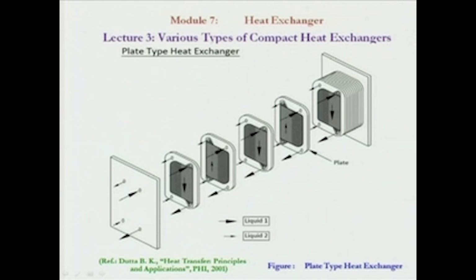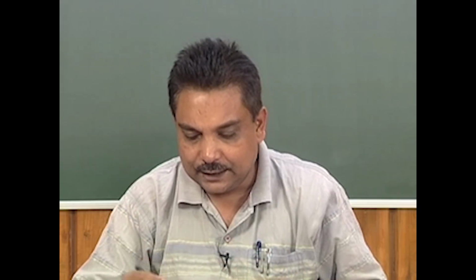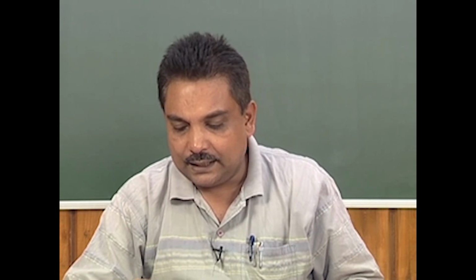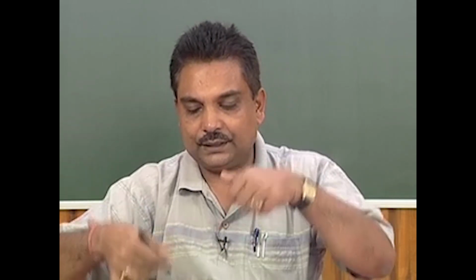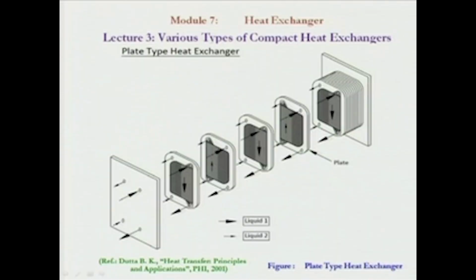So it is exchanging heat through the plates. The plate acts as a barrier between the two liquids, and through the plates the heat exchange takes place, and then they are collected back. Mostly the flow is counter current. You can see this is one fluid and this is the other fluid, so there will be a counter current action. In plate type exchangers, the flow would always be counter current in nature.